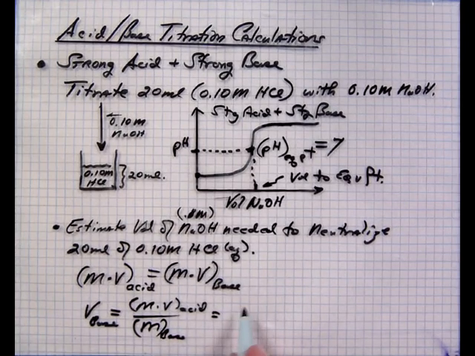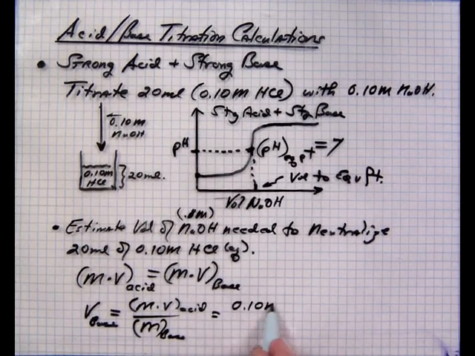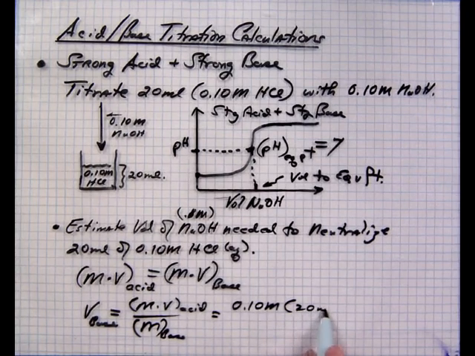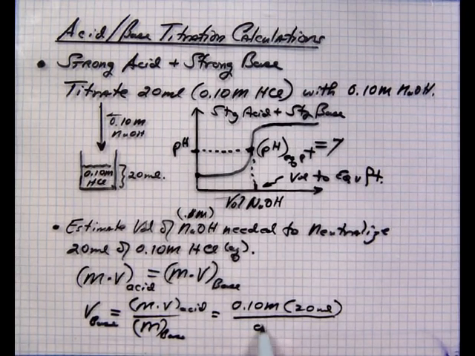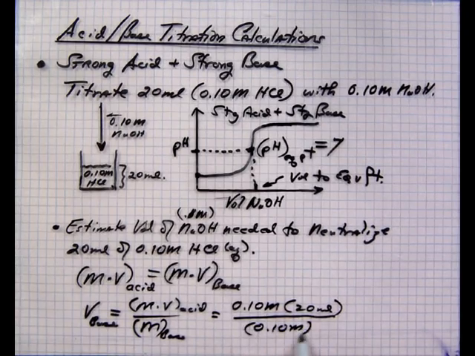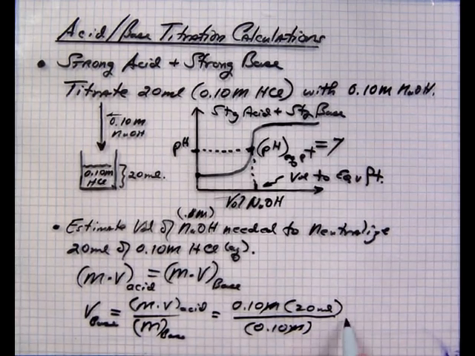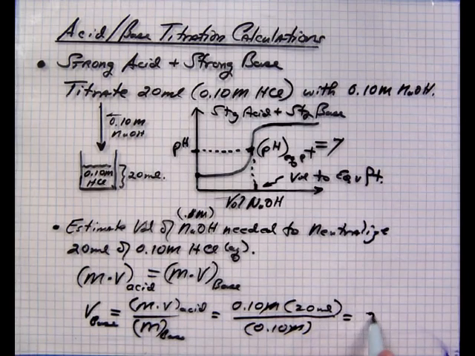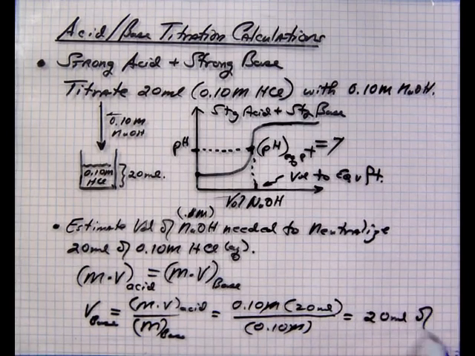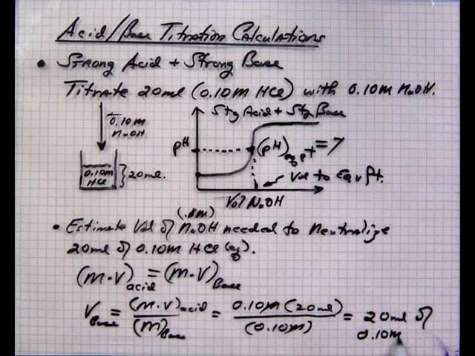The molarity of the acid is 0.10 molar, and if you have 20 milliliters divided by 0.10 molar base, the molarities drop out, then you're going to need 20 milliliters of 0.10 molar sodium hydroxide.